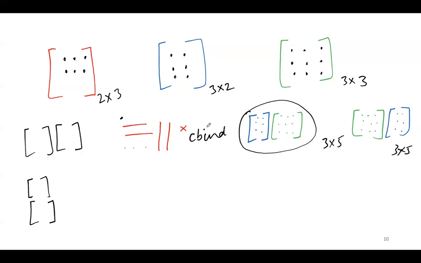You're binding columns with columns. Here, the number of rows was an important thing. Again, it can become very complicated if I keep referring to number of rows and columns, so you can always try and draw it out, and then you can see if it makes sense to combine them in that order.